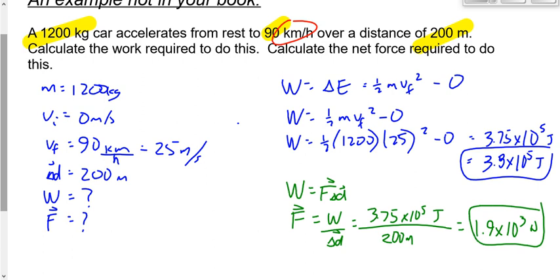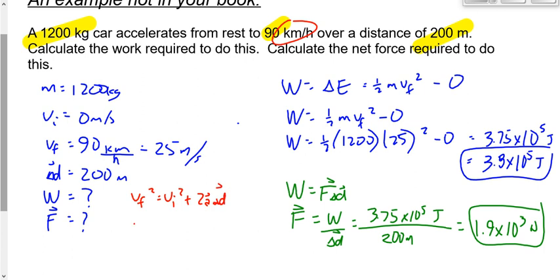Now, you understand that that wasn't the only way to solve that question. Right? You don't have to write what I'm about to write down in red if you don't want to. I'm just going to show you another way we could have tackled this. We could have said, well, v_f squared is equal to v_i squared plus 2AD.